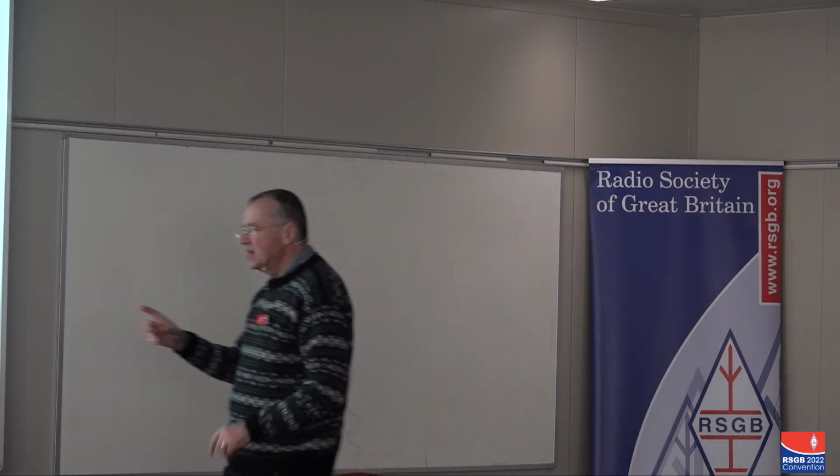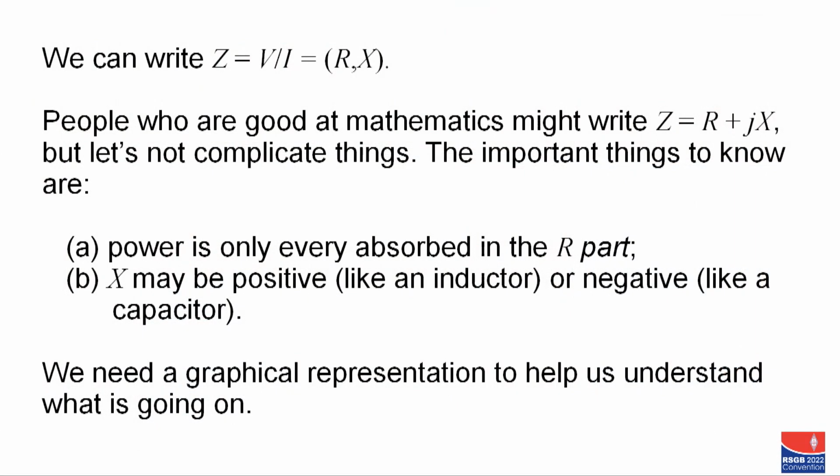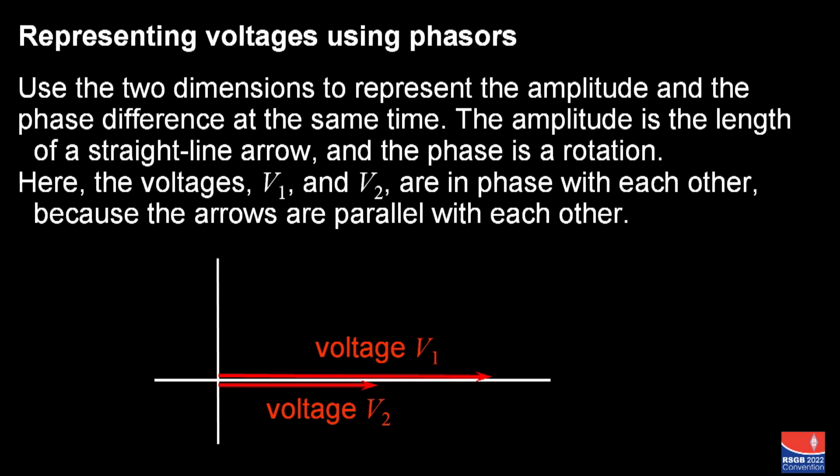So, as I say, we're going to have a graphical representation. We've got 2 dimensions on this screen, so we will use the 2 dimensions to represent the 2 parts, the resistive part and the reactive part. And actually, we have to go back a bit. We have to start by representing voltages and currents.